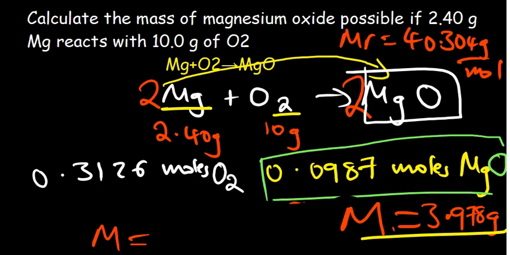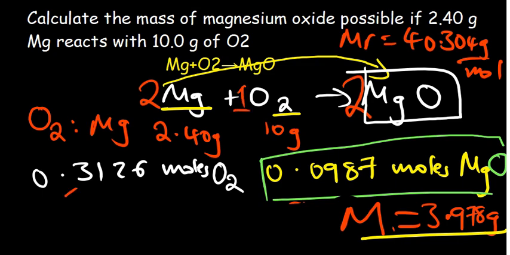Now let's try to consider oxygen. In this case, we are assuming we didn't know what was limiting. So equally for oxygen, compare oxygen against magnesium oxide. These guys are in the ratio of what? For oxygen, there's a coefficient of 1. For magnesium oxide, there's a 2.